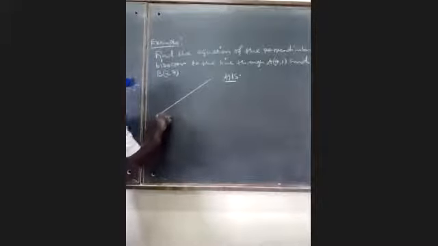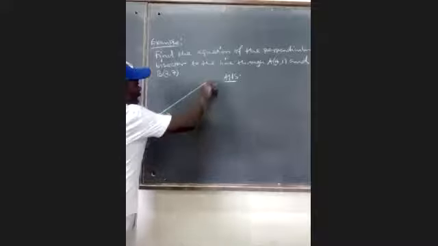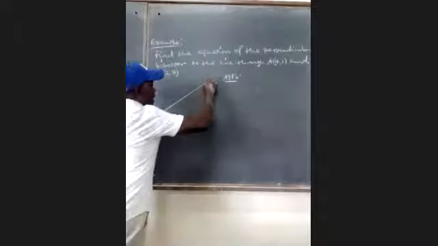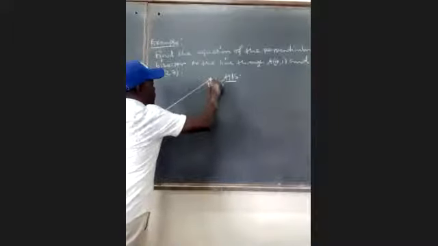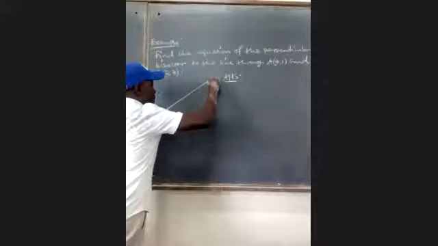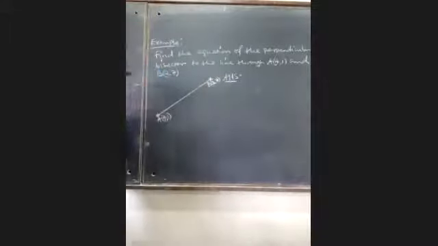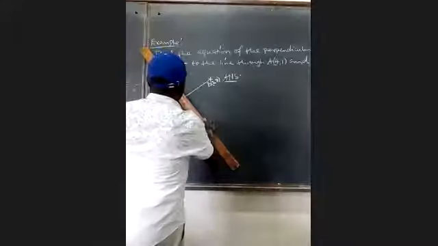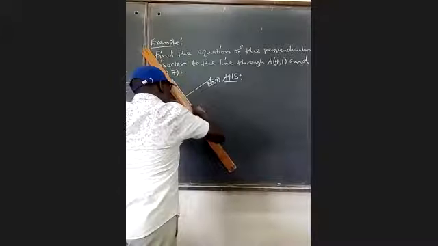A has coordinates (4, 1), and B has coordinates (2, 7). Are we there? So we want the equation of the perpendicular bisector. We say that the perpendicular bisector to AB must be perpendicular to AB.